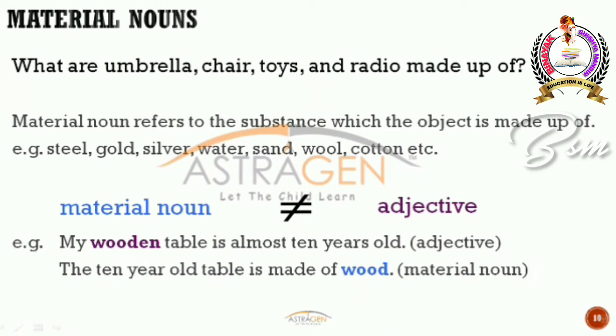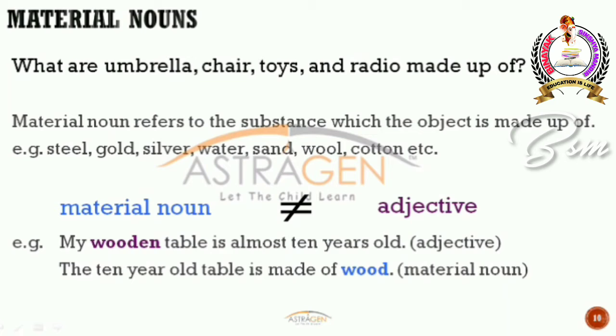So like we just observed in the previous example, we were able to see the chair, right? What is the chair made of? Wood or plastic. What is umbrella made of? Canvas or a cloth. So that is again a material. Toys, again they are made of plastic. What about radio? Radio is again made of some metal or a plastic material.